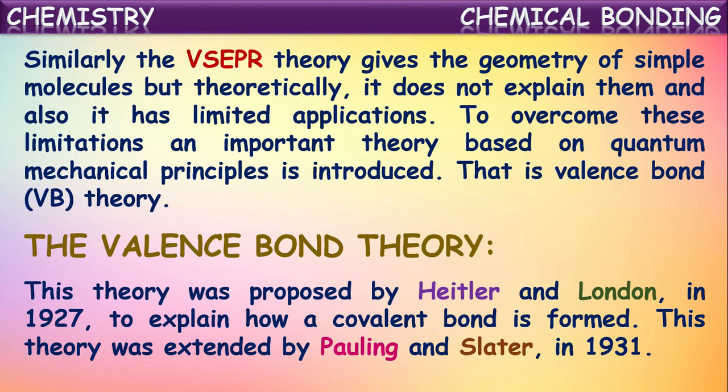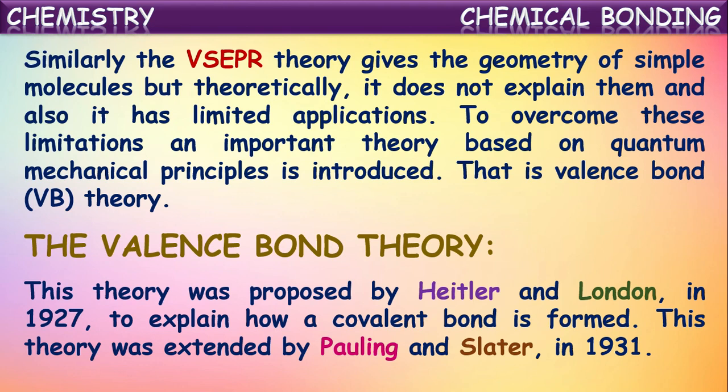In the earlier concepts, the reasons for bond formation were not explained, and even why differences exist between different kinds of molecules, whether they have single or double bonds, was not explained. So to explain how a covalent bond is formed, this valence bond theory was proposed by the scientists Heitler and London in 1927.